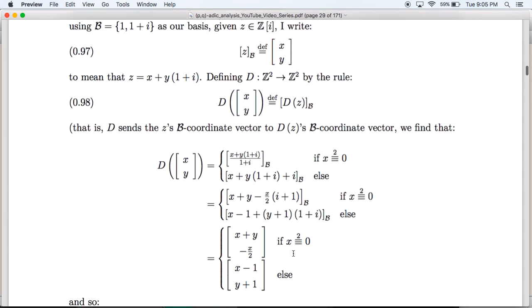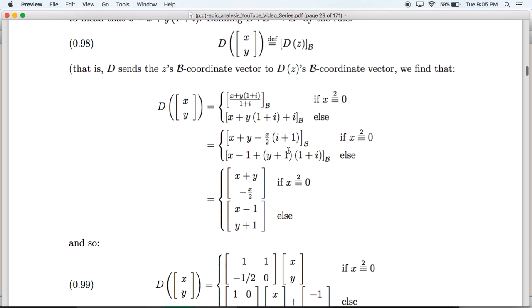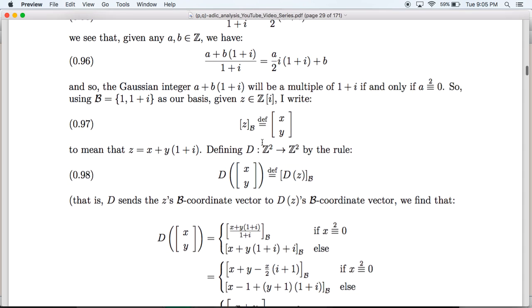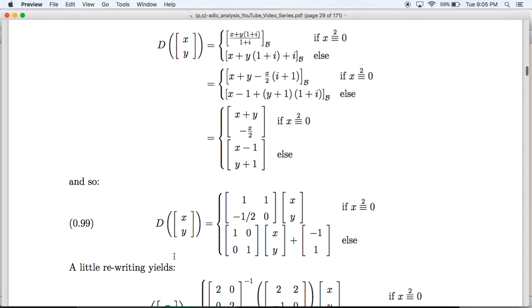Then going through the computations, just work everything out, write things in the basis, break it up into coordinates using this formula, we end up with the following: D sends (x, y) to this matrix times (x, y) if x is even, and this for all other possibilities of x and y.